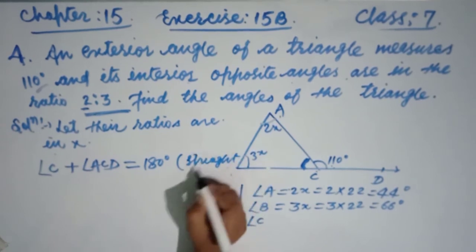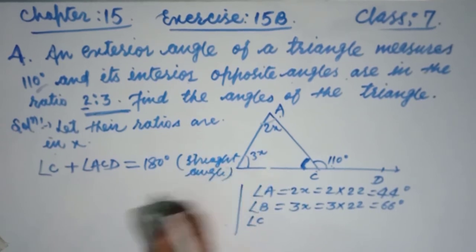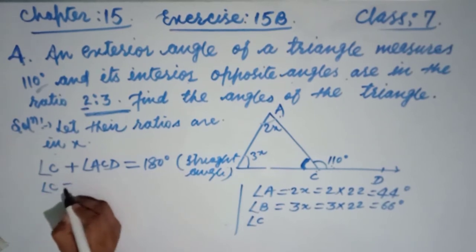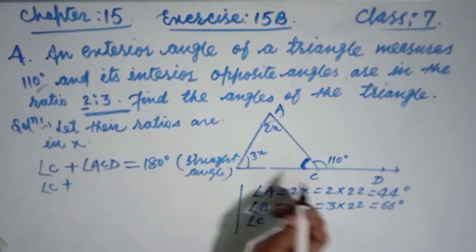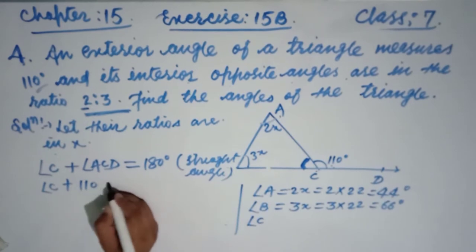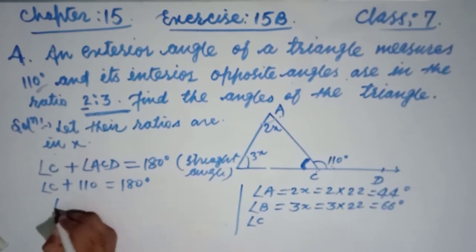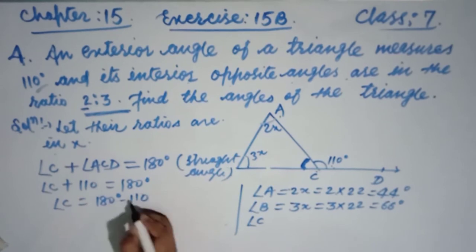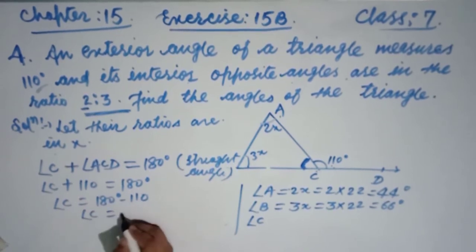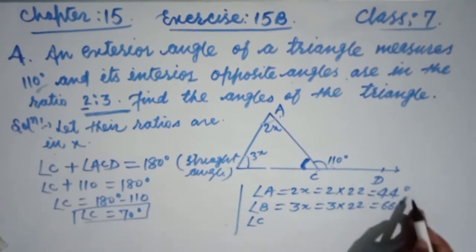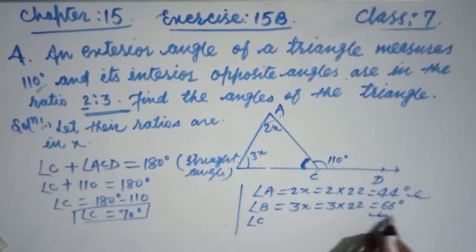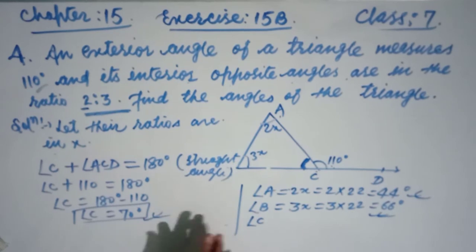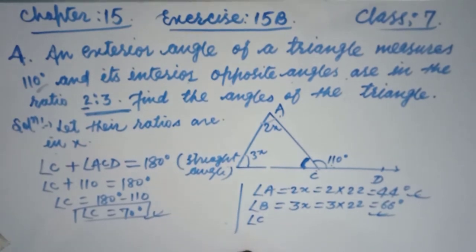Now angle C that we have to find, plus angle ACD, which is 110 degrees, is 180. So angle C is equal to 180 minus 110. So angle C becomes equal to 70 degrees. So this is your answer, friends. Angle A is 44 degrees, angle B is 66 degrees, angle C is 70 degrees. So these are the answers to this question.